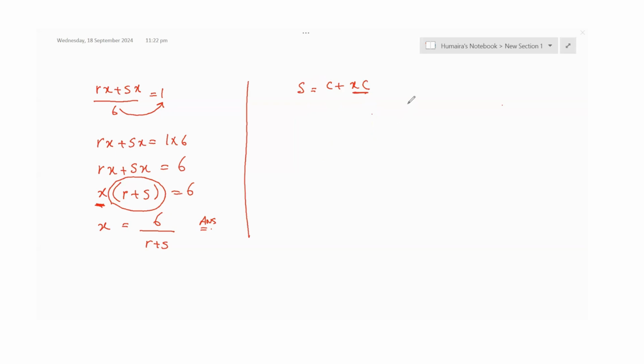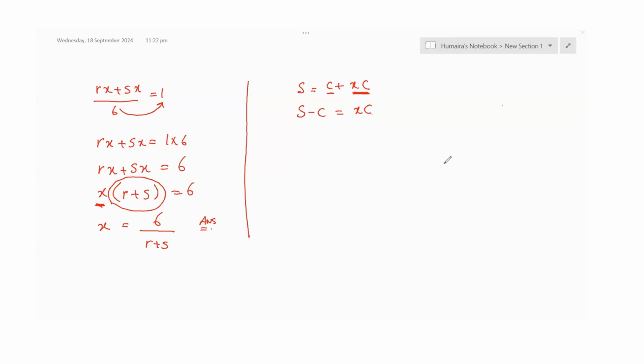X. That means the thing that we want, we will always keep on one side and we will try to shift the remaining terms to the other side of equality. So you can see the X variable term is here. That means I have to shift the remaining terms present on this side to the other side of equality. First of all, I will shift this positive C to the other side and it gives us S minus C equals XC.